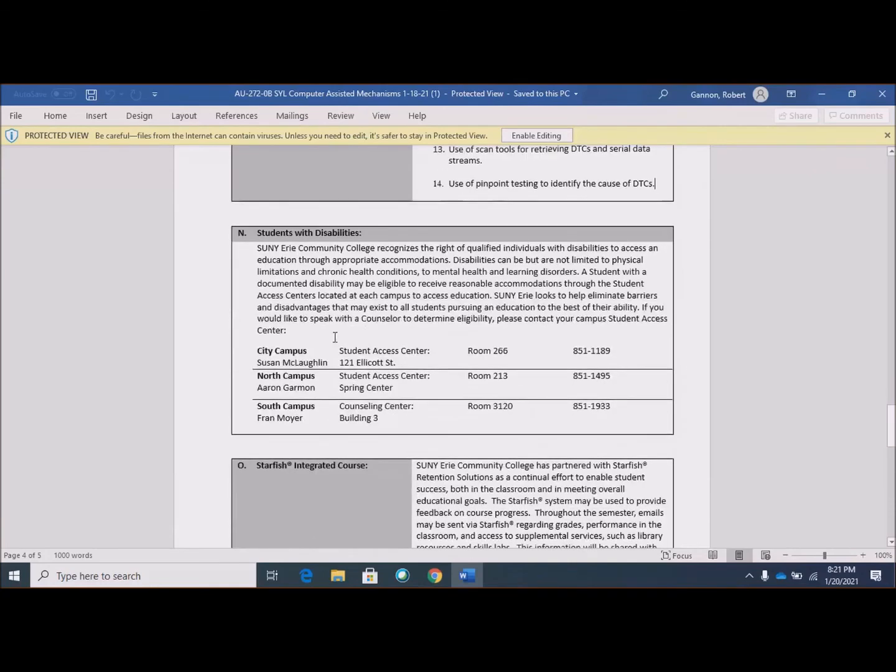Down here, there's information about students with disabilities and who to contact if that's you. This is confidential information, so it's not something you necessarily even have to tell me about. That's voluntary. But if there are special accommodations that you need, for example with testing, maybe you don't do so well with testing and you need to go to the counseling center and have questions read to you, that is something that's available.